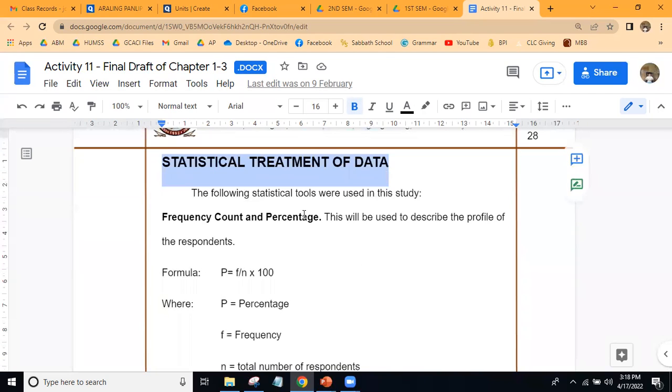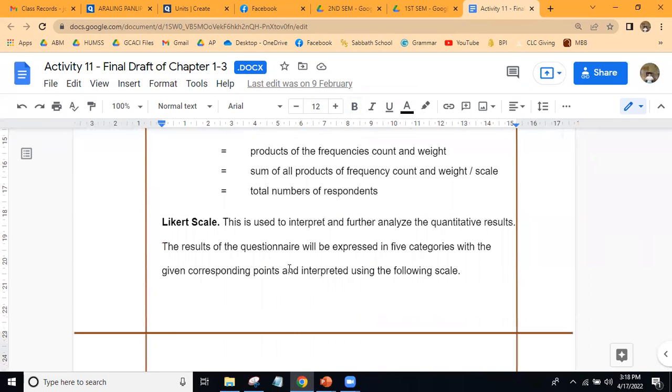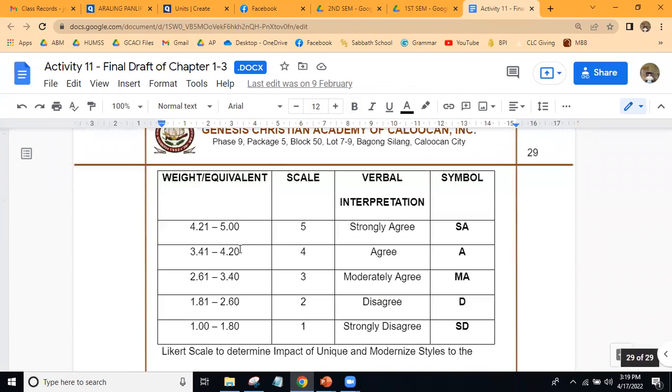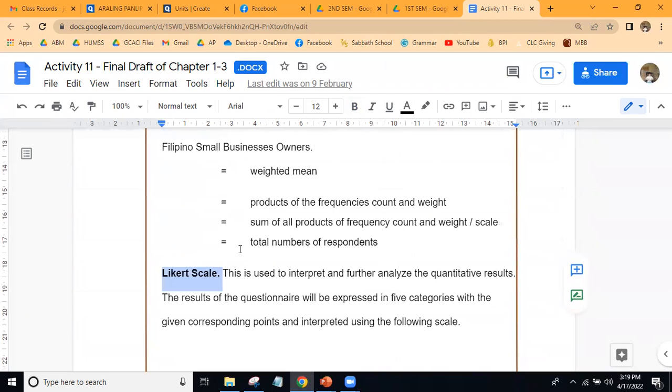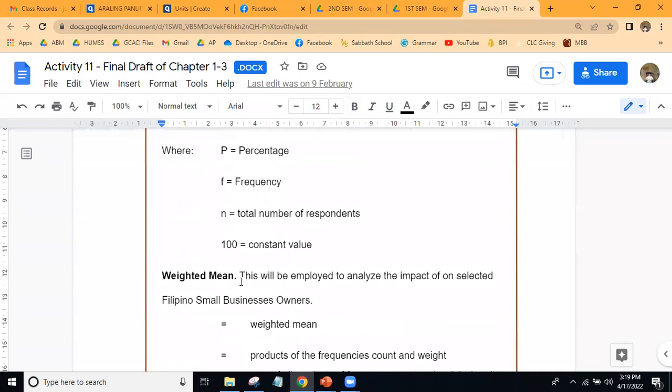Formula, that's the statistical treatment of data, frequency count and percentage. Weighted mean, no? Nariyan din ang weighted mean. Likert scale, no? So kung yan ay nakalagay dito sa chapter 3, makikita natin dapat yan sa chapter 4, no? Yung mga Likert scale, the weighted mean, frequency count and percentage, no?